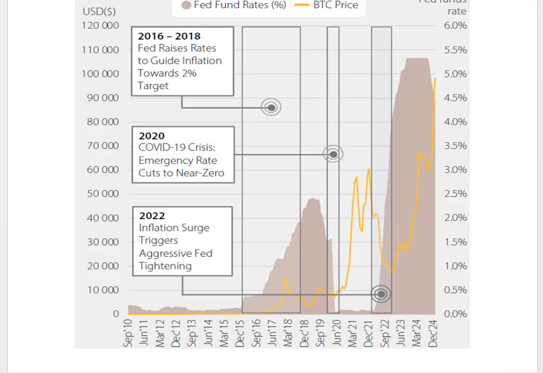One reason could be that investors were essentially buying the future. They strongly expected interest rates to fall, and that is exactly what happened.